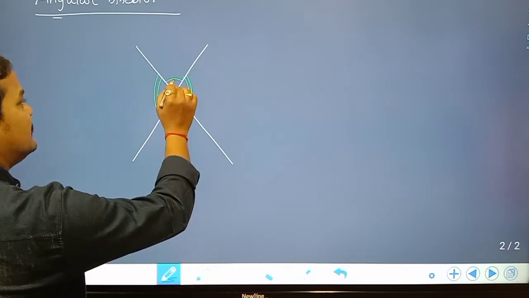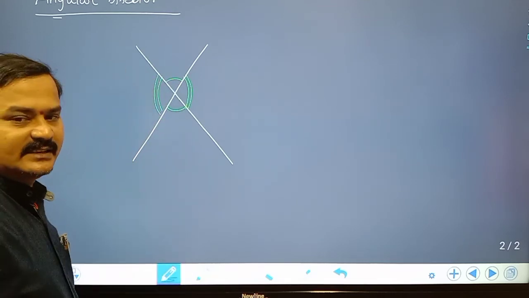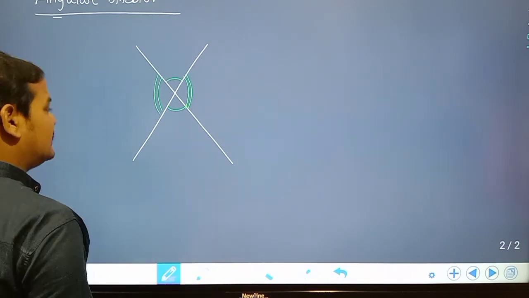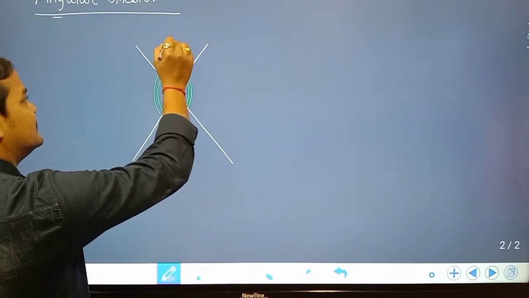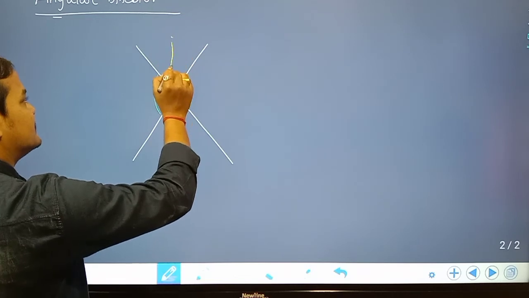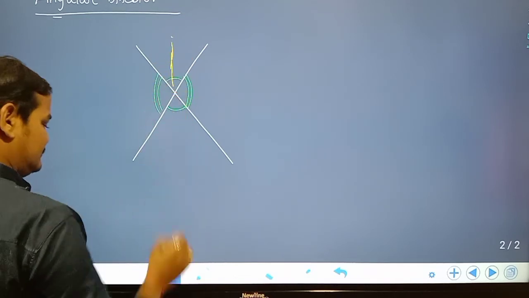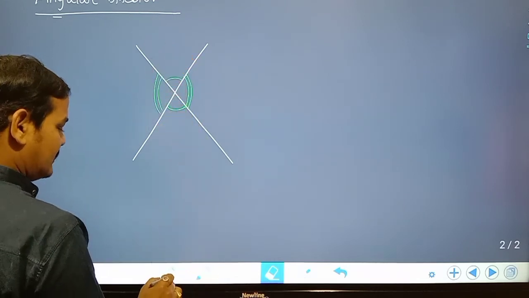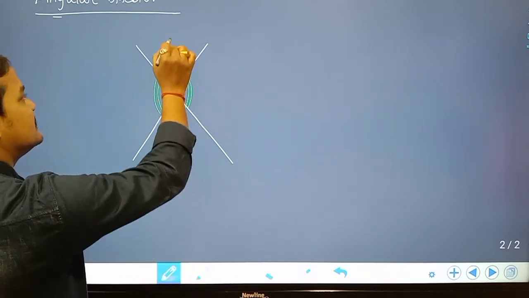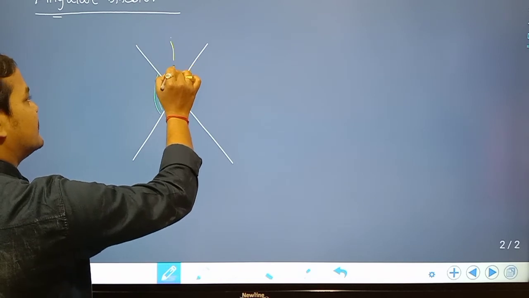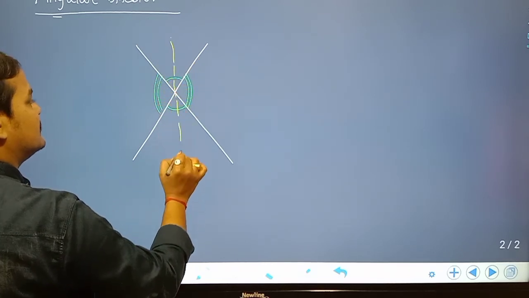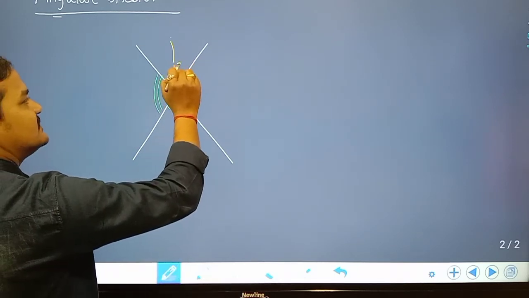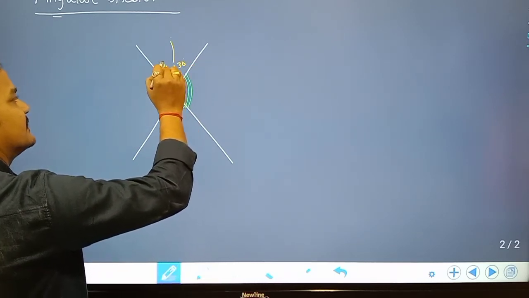Now, if this angle is 60, the line which divides this equally in directions means, see, if I divide it with a line like this. Now I am going to write the line which equally divides the angle. Suppose it is 60, it is divided into 30, 30.